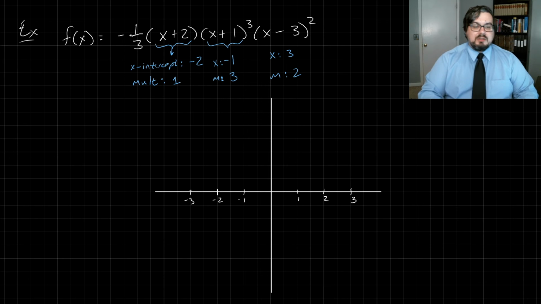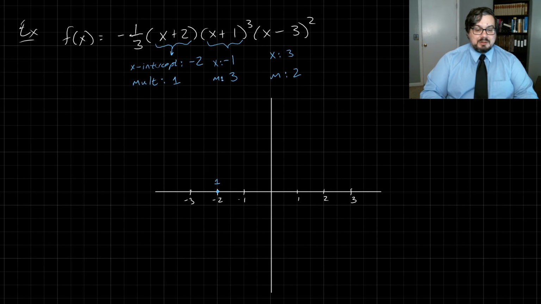All right, so we know that we have an x-intercept at -2, and it has a multiplicity of 1. Now that means that we know that the graph is going to go straight through this, but we don't know whether it goes through like that or like that yet. There are two different ways that we could have a multiplicity 1 intercept. We don't know which one it is, so we're going to go ahead and leave it for now.